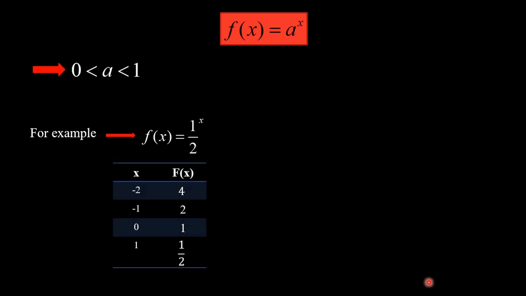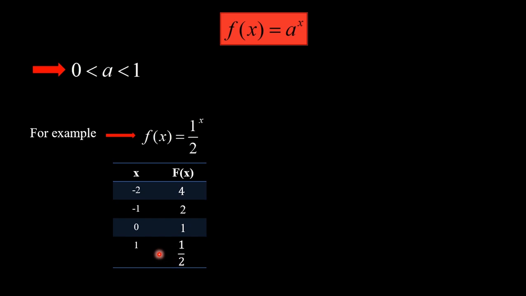As you can see in this table, for x = -2, f(x) = 4. And for x = -1, f(x) = 2. Similarly, for 0, f(x) = 1. And finally, for 1, f(x) = 1/2.